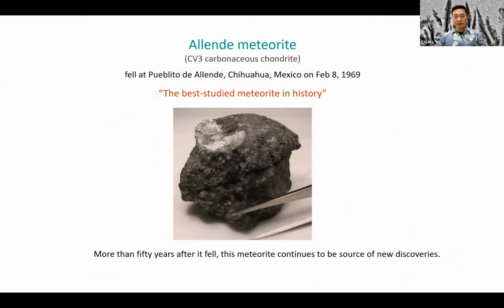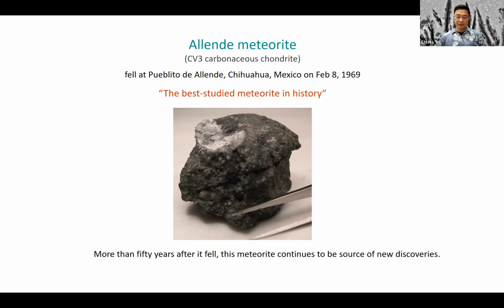Allende meteorite is a CV3 carbonaceous chondrite, fell in Mexico in 1969. It's often described as the best studied meteorite in history. Our current understanding about the solar evolution is mainly based on intensive studies of components in this meteorite.